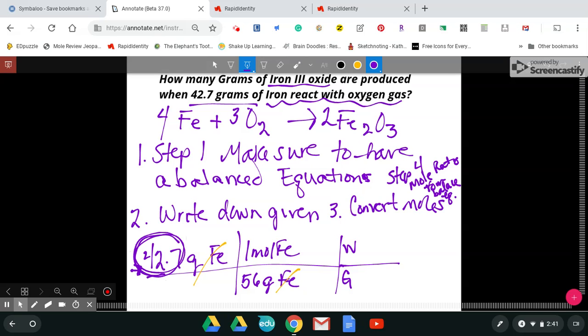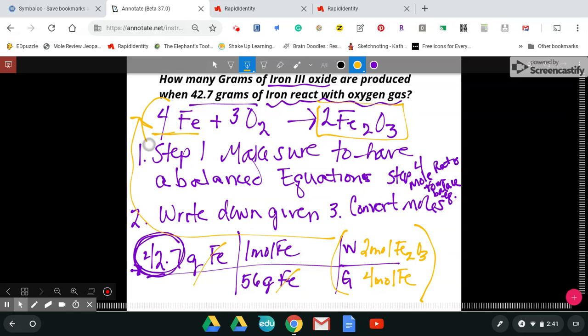Your given, this W and G that I'm looking for, comes out of here. My given was iron, so that is 4 moles of iron. My want is iron oxide, so I have 2 moles of iron oxide. This is why we need a balanced equation, because we get the whole coefficients and place them here. What I want goes on top, and what I'm given goes on bottom.